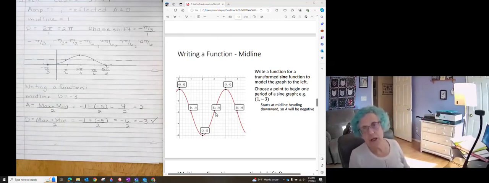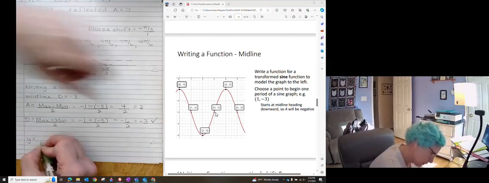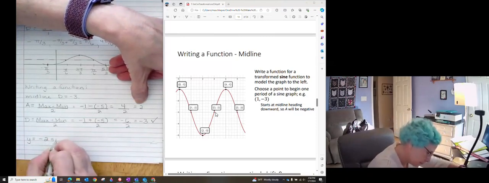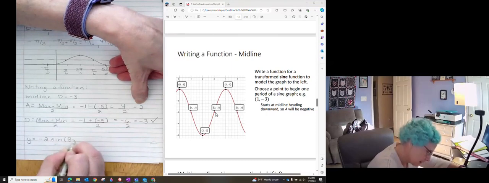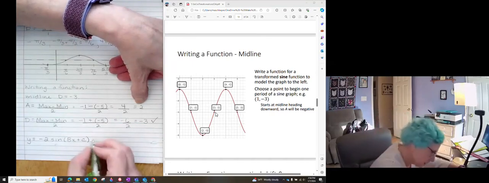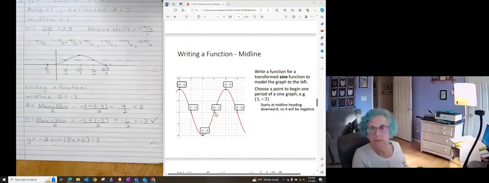So now I've just confirmed it for myself. So far I know that y is equal to negative A times sine of bx plus c, because I don't know my b's and my c's yet, minus 3.